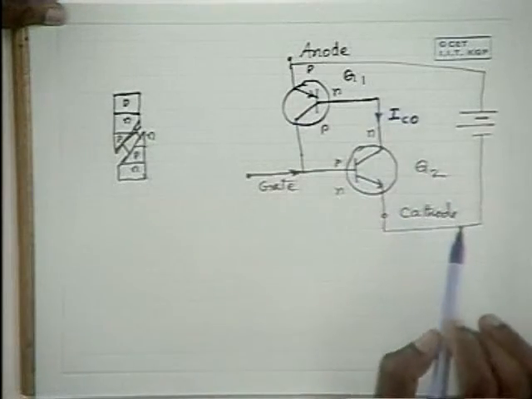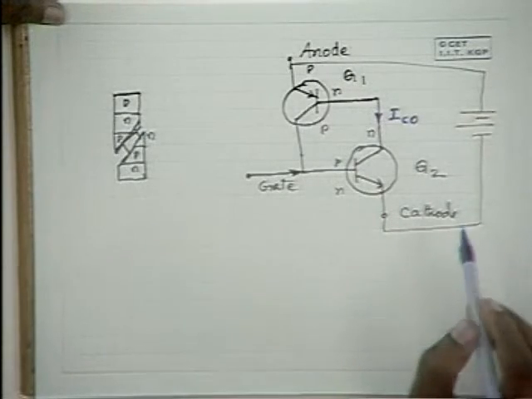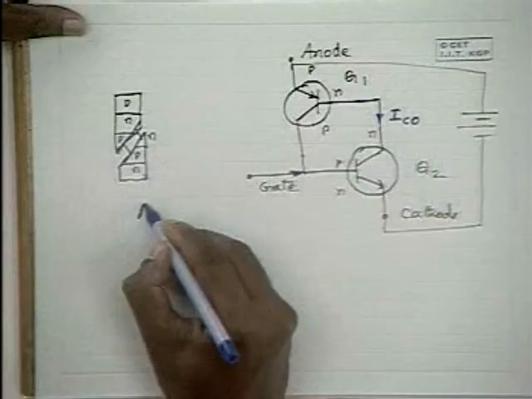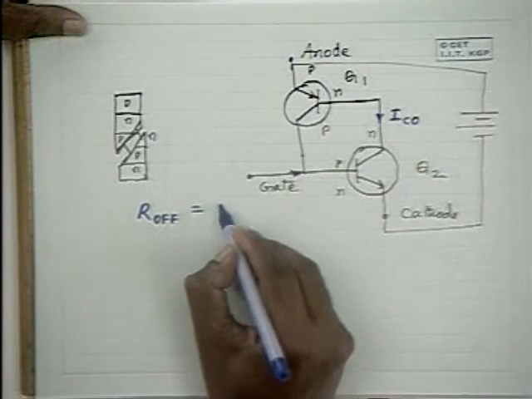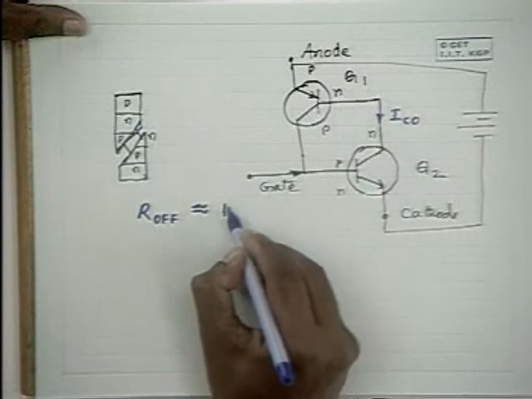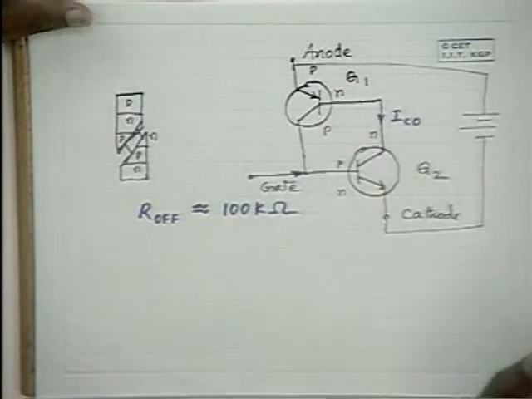As a result, this device acts like a high impedance and no current flows. Typically, the impedance R is of the order of hundreds of kilo ohms when the gate is open.